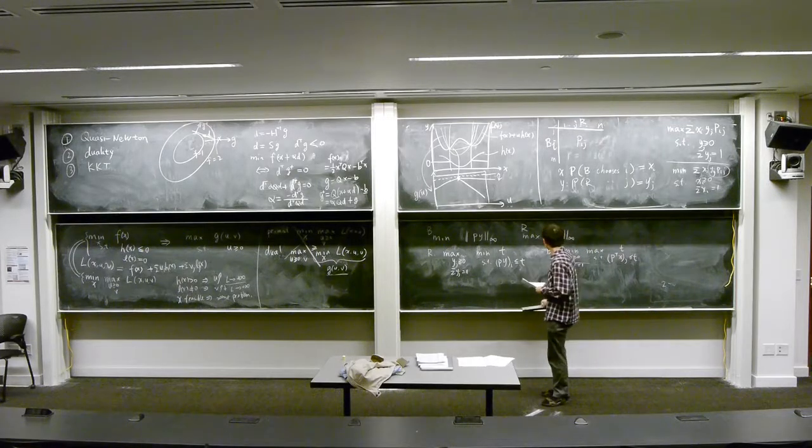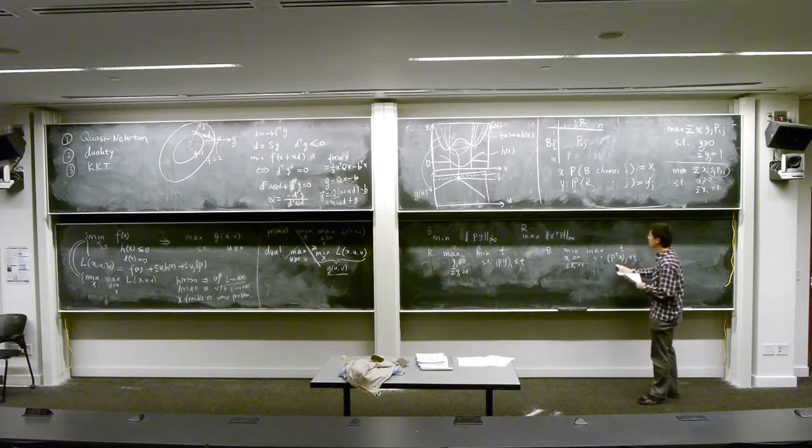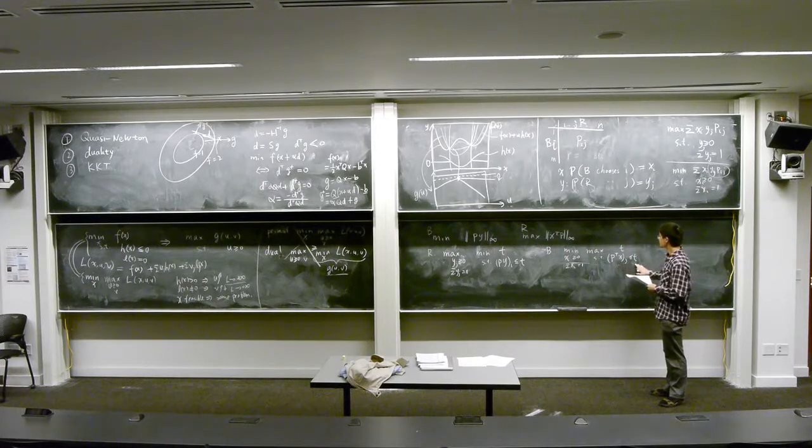No, wait, did I make a mistake here? P transpose x j smaller than t. I don't actually want to. I want to do the other direction, right?